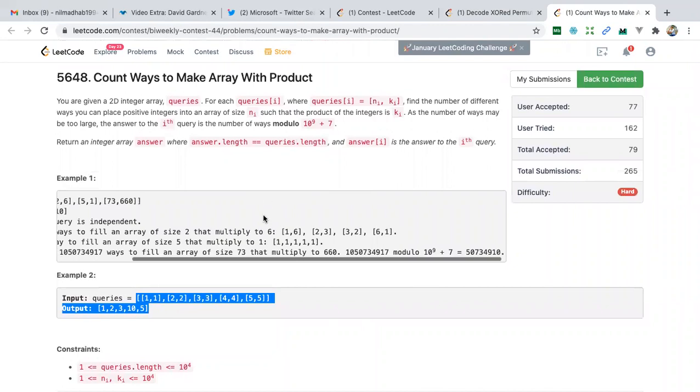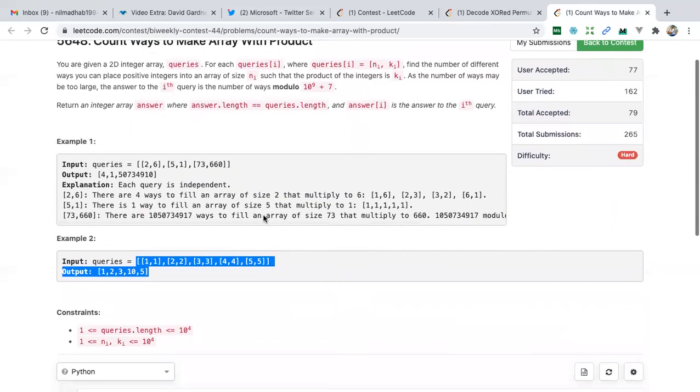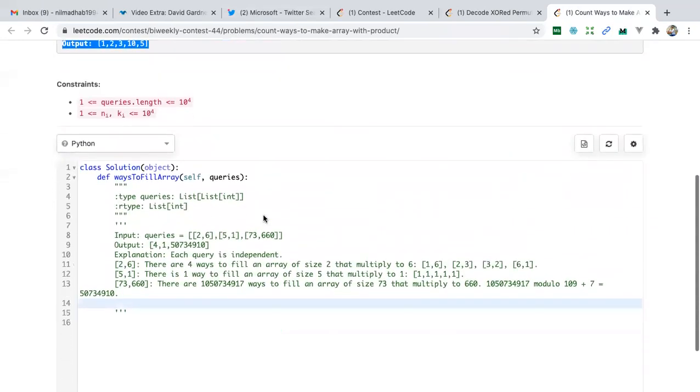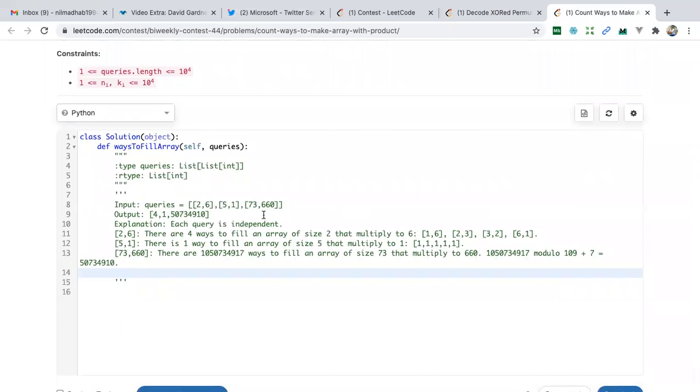It should be positive integers. Positive integer. So okay.